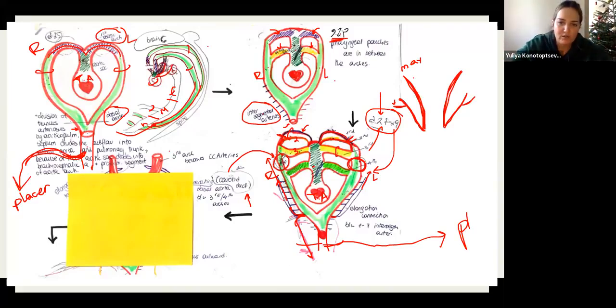Why do we call it carotid duct? Because the third aortic arches are going to be carotid arteries, to be more specific, the common carotid arteries. So somewhere here, a bit lower, that's where we're going to have your carotid arteries. The third aortic arches are here.